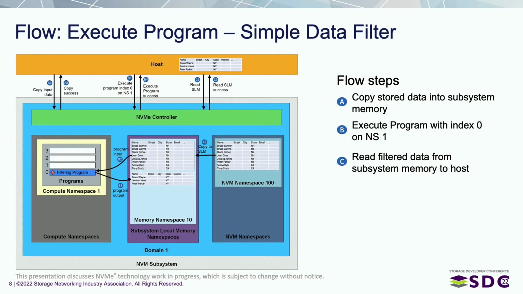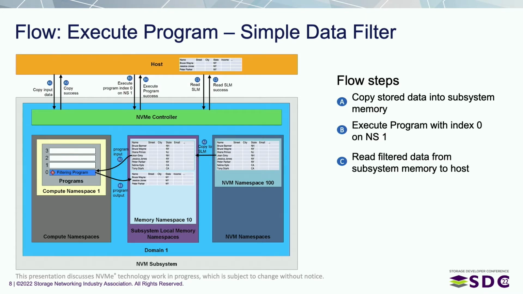When the program runs, the input is the data that was copied over from the NVM namespace. Because this is a filtering program, it chose only the records where the state is New York. So the output is smaller than the input.